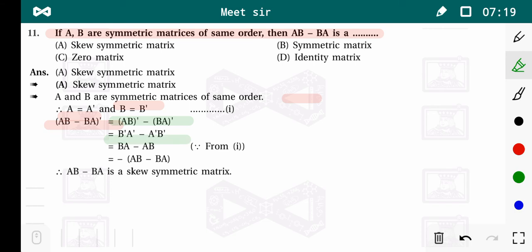Now, B is the same as B dash and A is the same as A dash, so we get BA minus AB. It is minus of (AB minus BA), that is, the transpose of AB minus BA is the same as minus of (AB minus BA). So the given matrix AB minus BA is a skew symmetric matrix.